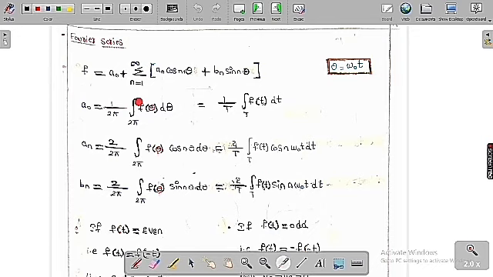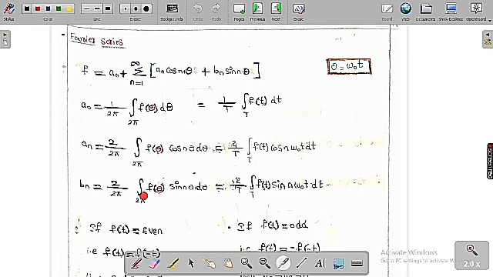So f is equal to a naught plus sigma n equals 1 to infinity of an cos n theta plus bn sin n theta, where a naught is equal to 1 by 2 pi integration over 2 pi of f of theta d theta, which equals 1 by capital T integration over time T of f of t dt. Similarly, an is equal to 2 by 2 pi integration over 2 pi of f of theta cos n theta d theta, which equals 2 by capital T integration over the time period T of f of t cos n omega naught t dt.